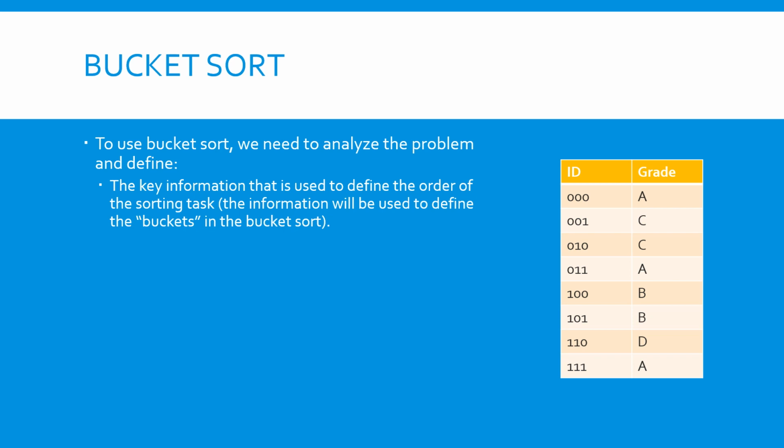For example, if we have a list of student records and we are sorting by their student IDs, then the student ID should be used to determine the buckets. There could be a bucket for ID 000, a bucket for ID 001, and so on. When we are sorting by their grades, then the grades should be used to define the buckets. In this case, we could have a bucket for grade A, a bucket for grade B, and so on.